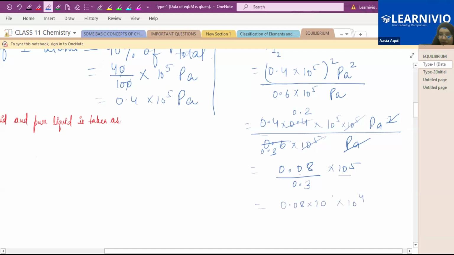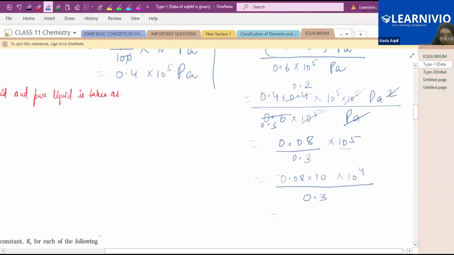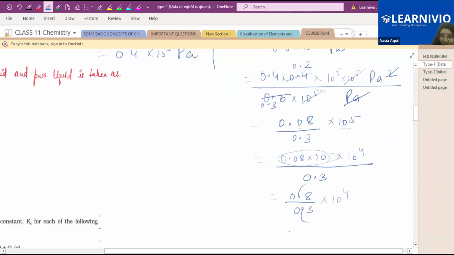What can we write 10 raised to the power 5 as? 10 raised to the power 4 into 10 raised to the power 1, upon 0.3. When you multiply this, it will become 0.8 upon 0.3. So this decimal and this decimal will cancel each other, and you will get 8 upon 3, multiplied by 10 raised to the power 4.